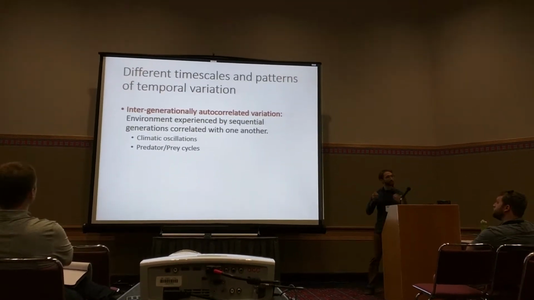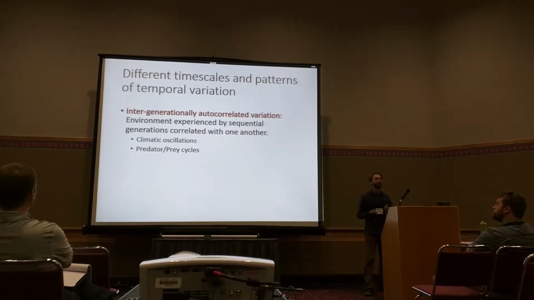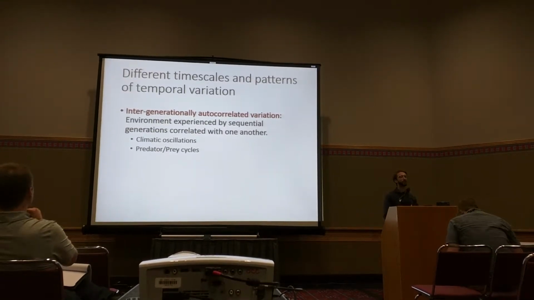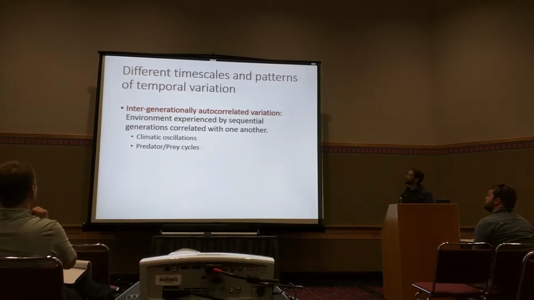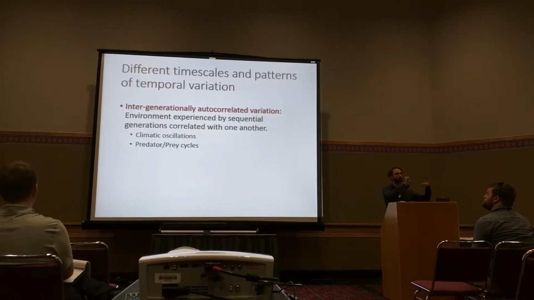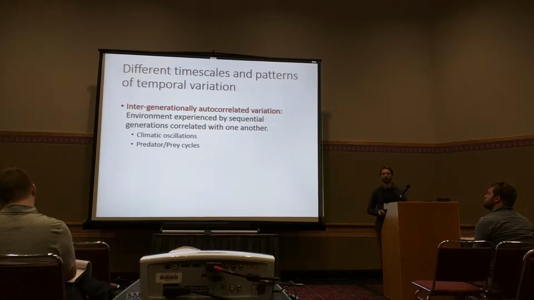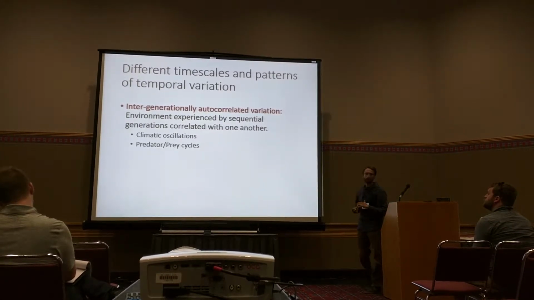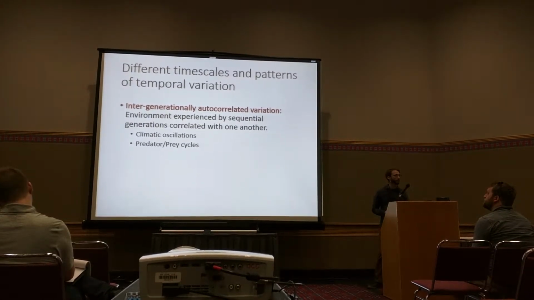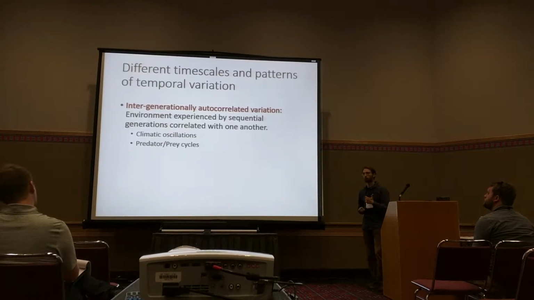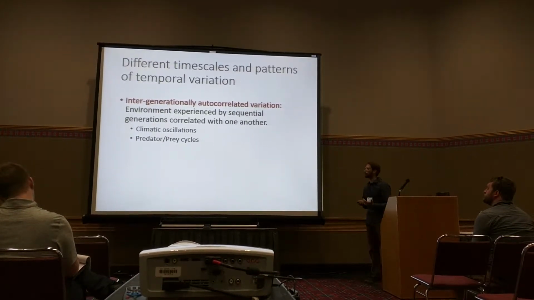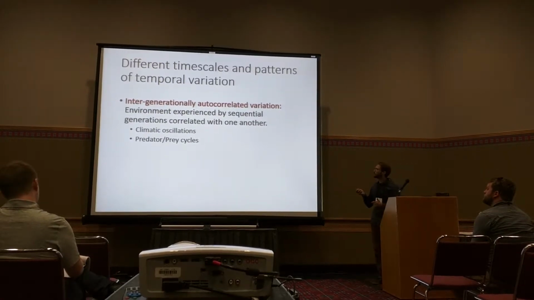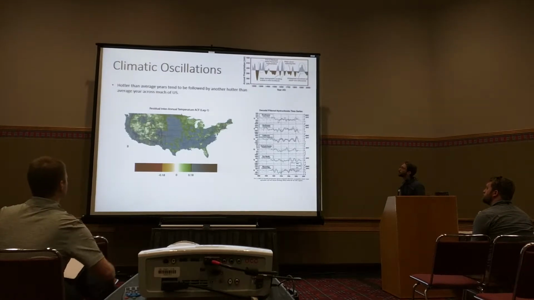The specific timescale and pattern of temporal variation that I'm really interested in, which I think is really important for transgenerational inheritance, is variation that occurs between sequential generations, so intergenerational variation. In particular, when those are autocorrelated, I think that's really important, and it should lead to situations where transgenerational effects can be beneficial. Two examples are climatic oscillations, as well as predator-prey cycles.